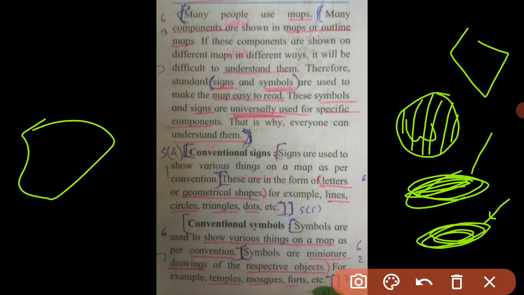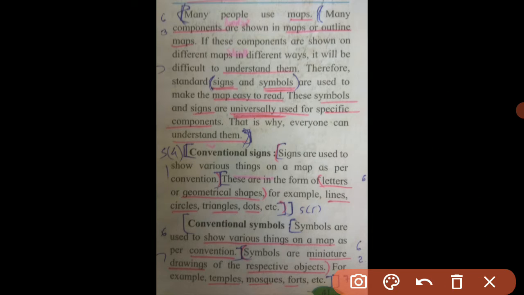Now see what conventional signs and conventional symbols are. Signs are used to show various things on a map as per convention.